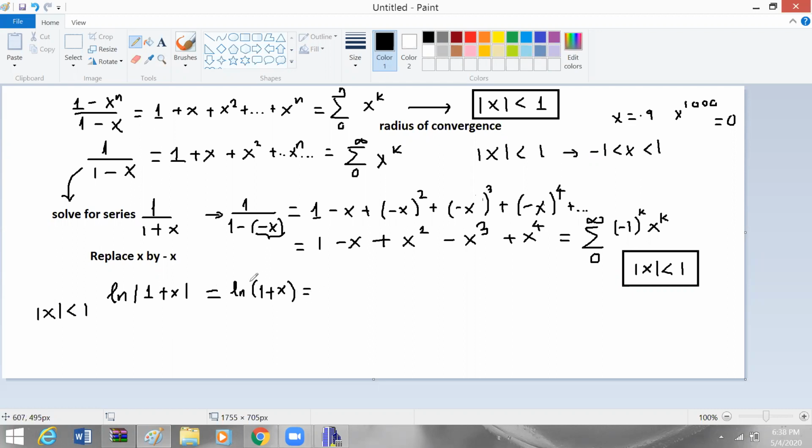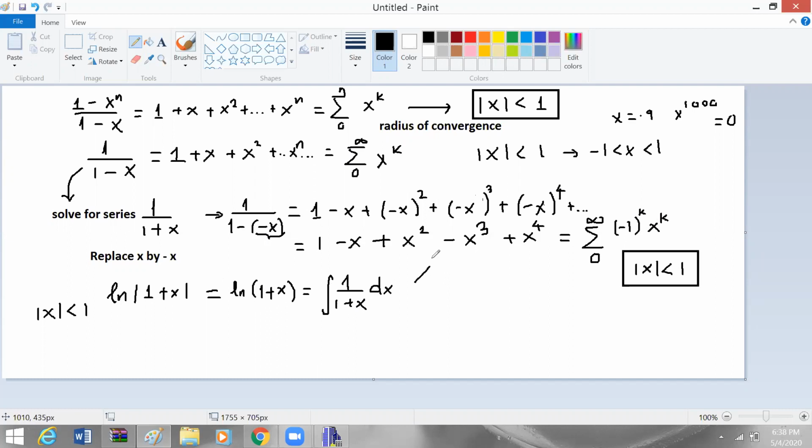We know that when I take the derivative of the ln of 1 plus x, I get 1 over 1 plus x. So what we can do in this case is integrate the polynomial series, and that's how we're going to get the ln of 1 plus x.